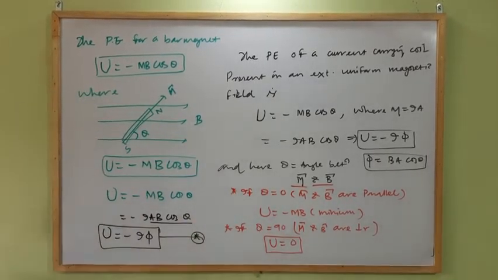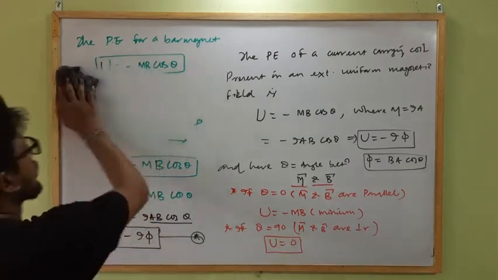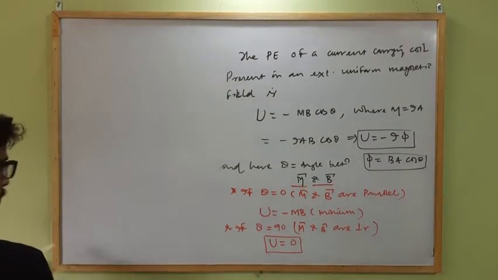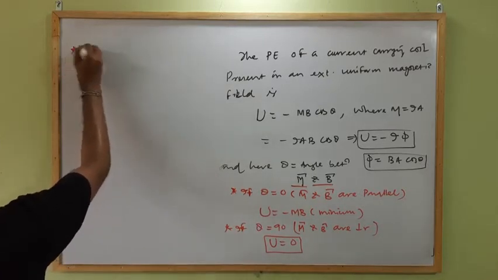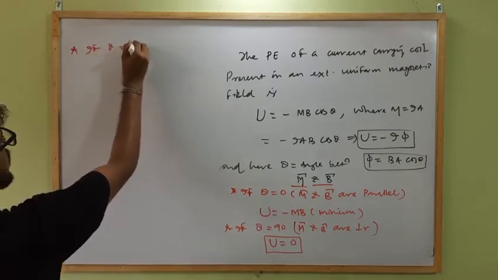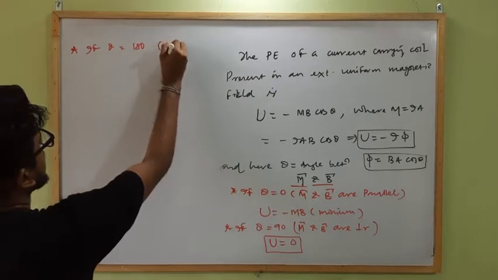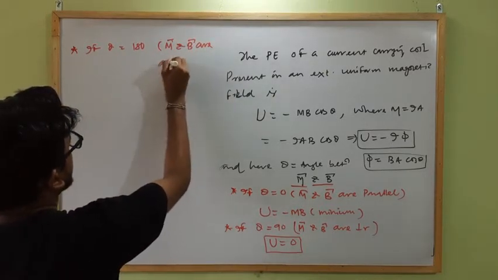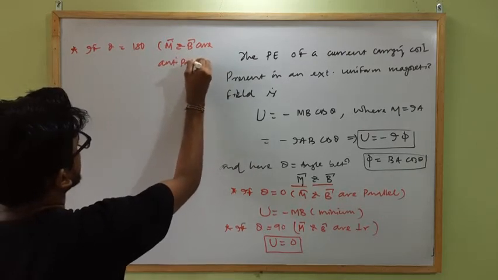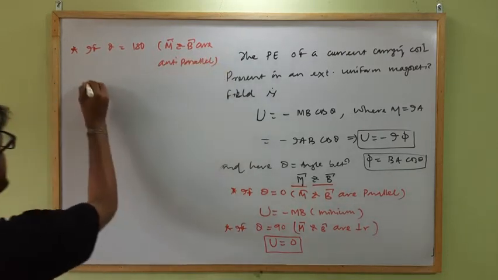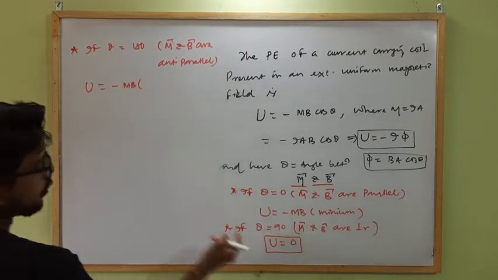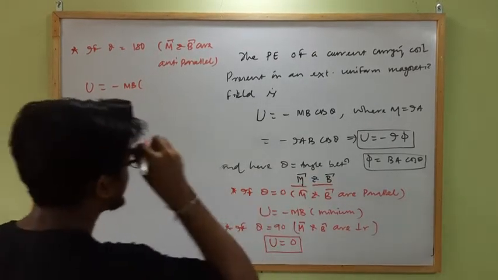Next, if theta equals 180, that means m and b are anti-parallel, then U equals minus mb cos 180.